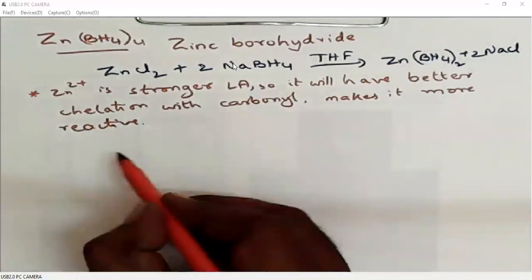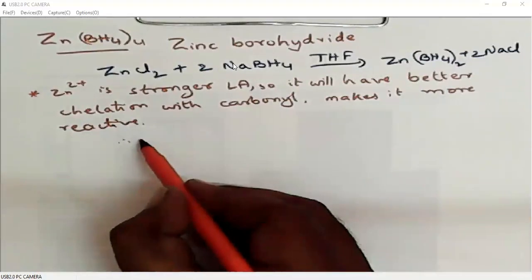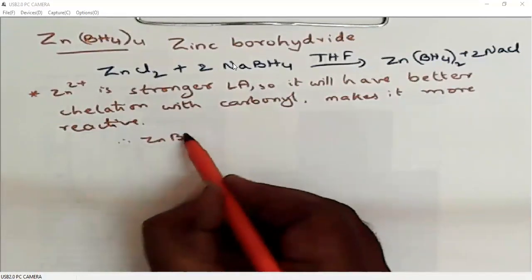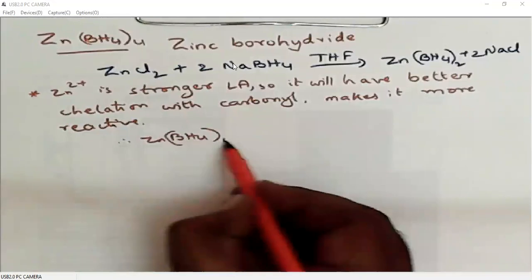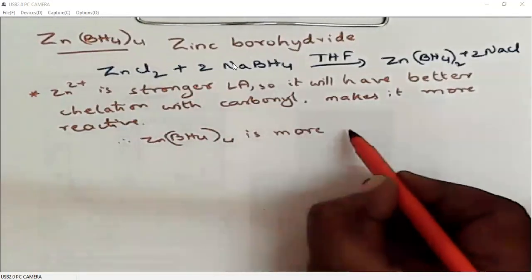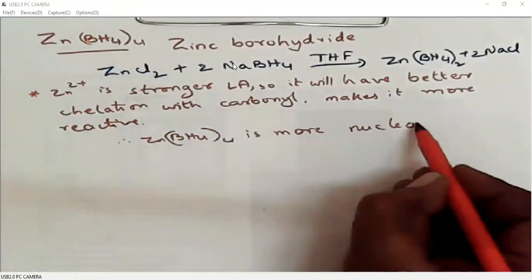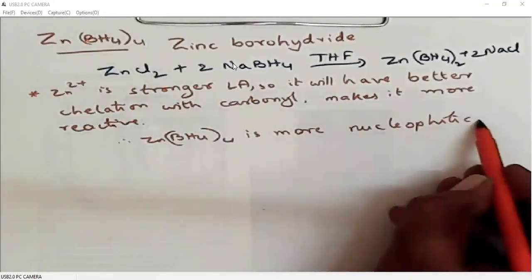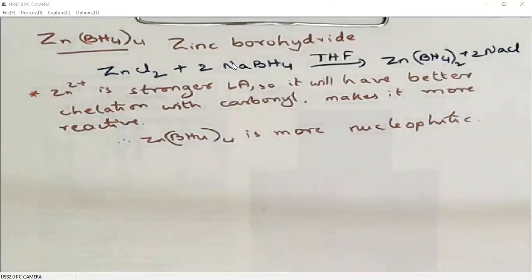So overall what we can say is zinc borohydride is more nucleophilic in nature. It is more nucleophilic than lithium borohydride or sodium borohydride.